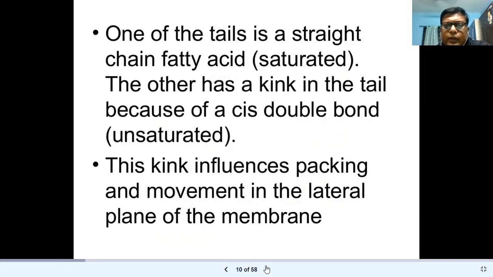One of the tails is a straight chain fatty acid, that is saturated fatty acid. The other has a kink in the tail because of this cis double bond. This is unsaturated. So this double bond produces a kink that helps in the packaging and the movement in the lateral plane of the membrane. This is very vital because this movement helps in membrane fluidity.